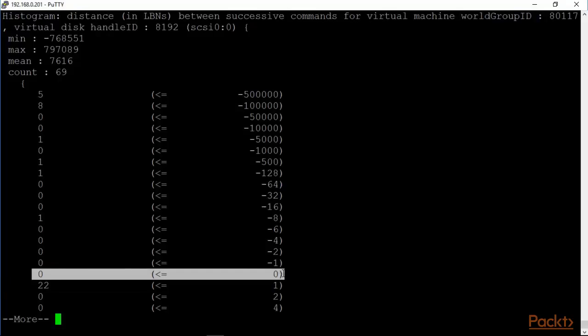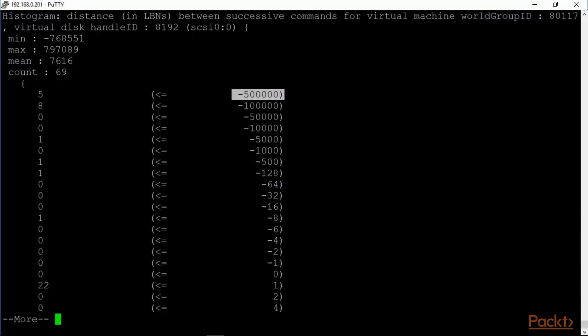Okay, so most of them were very far away. 22, it had to move less than 1, but it looks like after the initial startup, most of the distance between successive commands was extremely small. So I think if we gather information for a larger amount of time, this number will become high, and the anomaly of these extremely large LBNs would be eliminated.